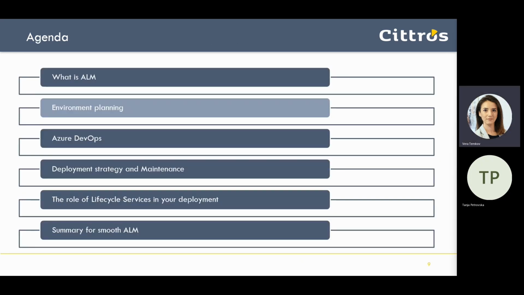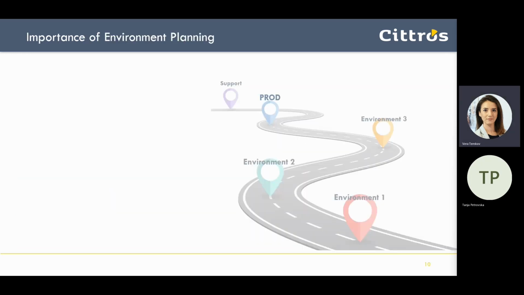One of the considerations in the AX and D365 project is environment planning. Why is the planning of environments so important? It is because it has a direct impact on your project itself.